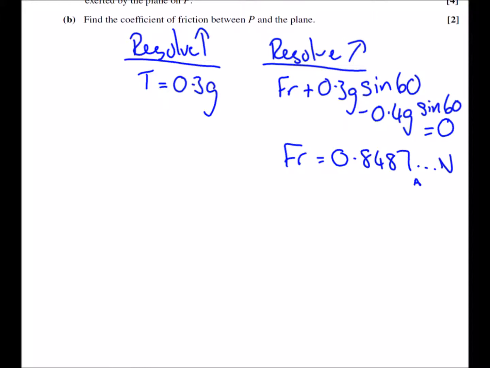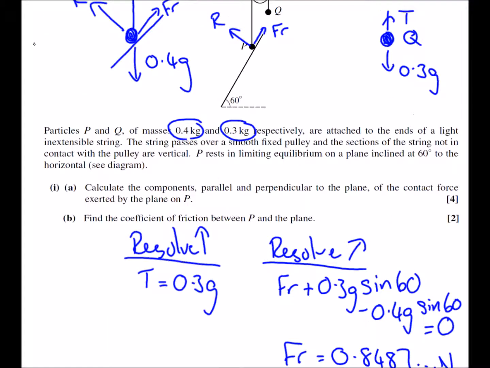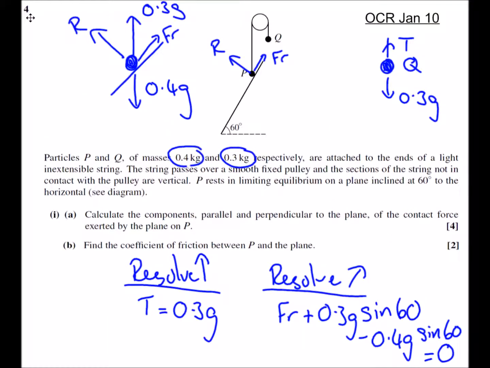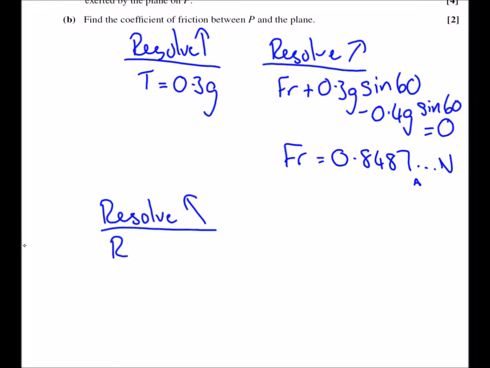Now, we're likely to want this number again, so I'm going to store that in my calculator as A. And then to find what the normal reaction is, I'm going to resolve perpendicular. So I'm going to have all of my normal reaction, and then if we have a look back at our picture, you can see that the 0.3 G is going to be pulling me slightly away from the plane. So that wants to be positive, plus 0.3 G, and it's going to be cos 60 because we're resolving in the other direction.